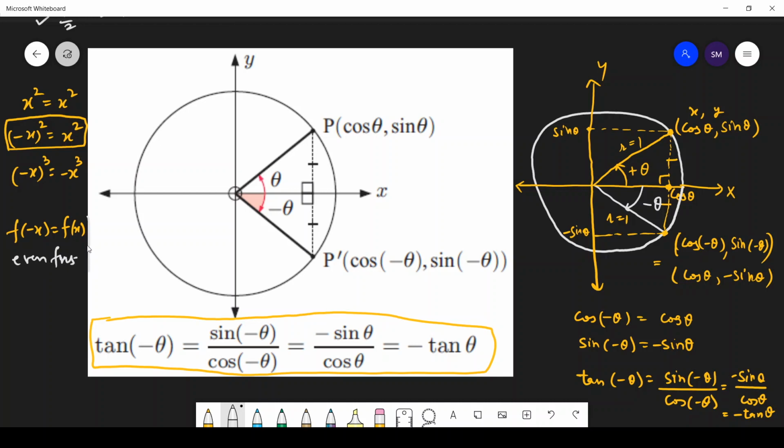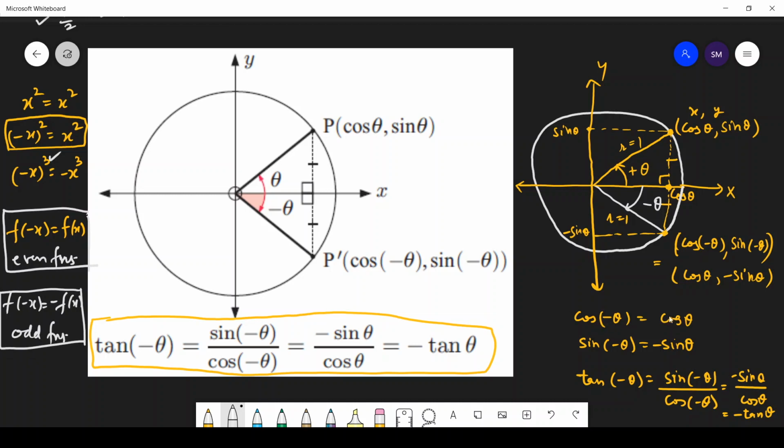It's a very important concept. And the values were minus f of x, like this power is odd. So this is one of the ways to remember it, okay? So we call them odd functions. Is this clear?